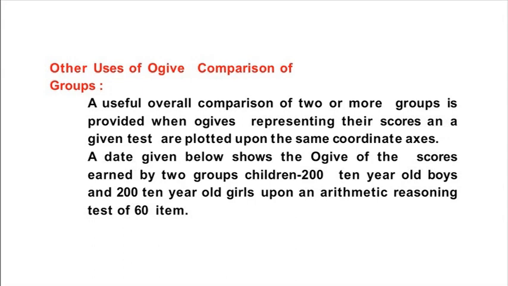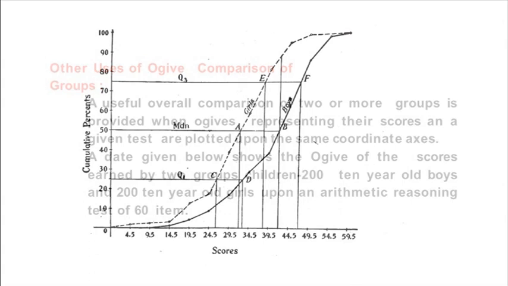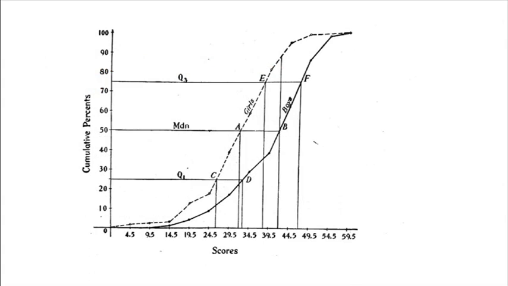The data given below shows the ogive of the scores earned by two groups of children, 200 10-year-old boys and 200 10-year-old girls, on an arithmetic reasoning test of 60 items. Now, you have two groups with you, and you want to make the comparison on the same graph. By plotting, you can make the comparison.